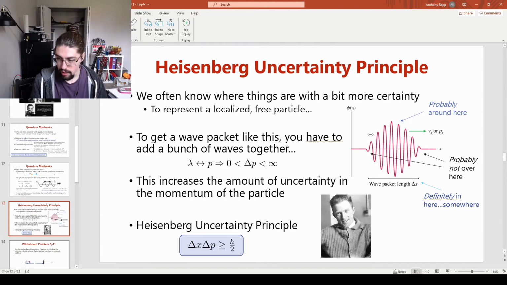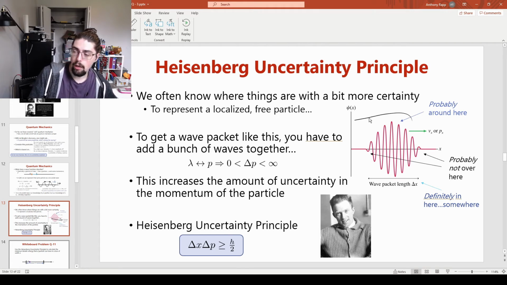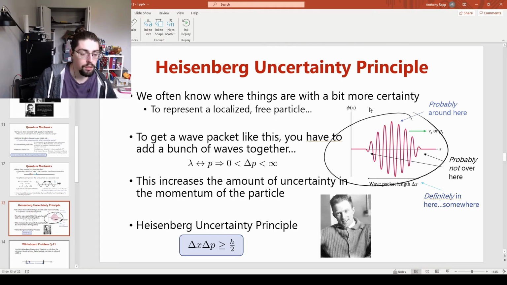But we run into this issue where things like momentum and position are all determined by waves. And waves like what we see right here are also made of more sine waves. My whole point has been it's all sine waves, all the way down. That continues to be true. Sine waves are just made of more sine waves.